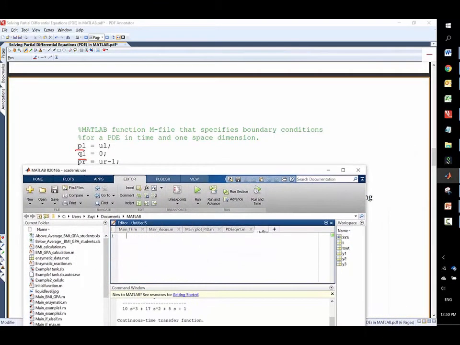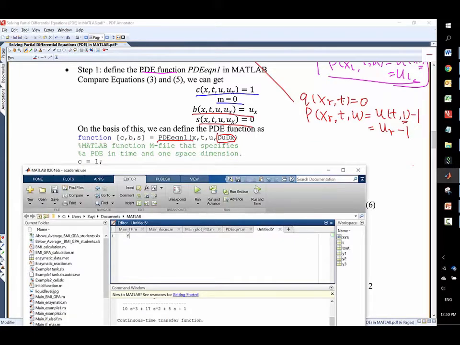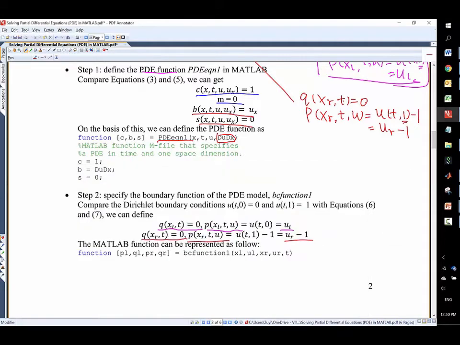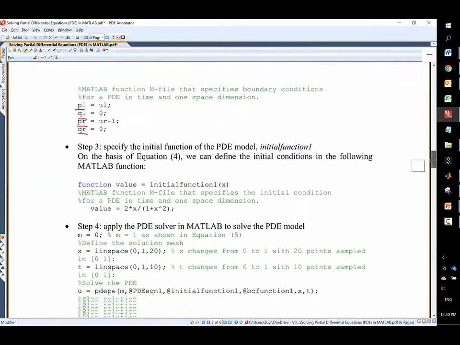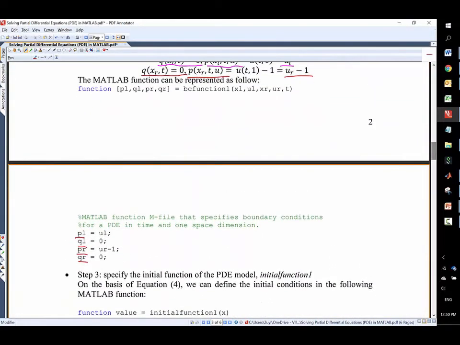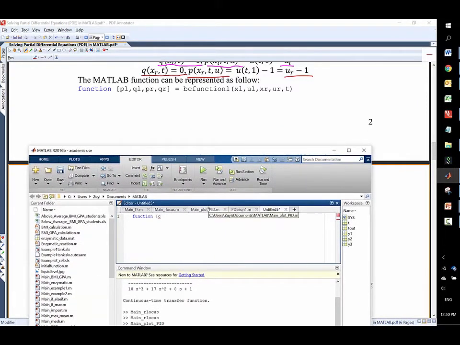So build a new function, and then just type in function PL, QL, PR, QR equal BC, boundary function.